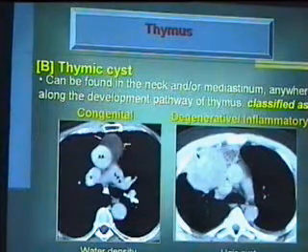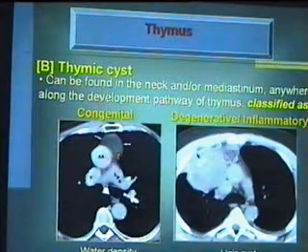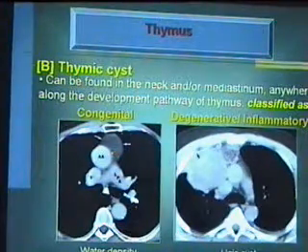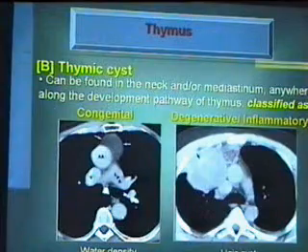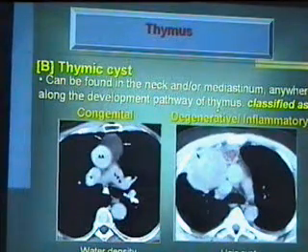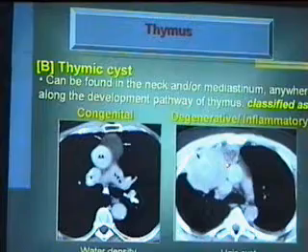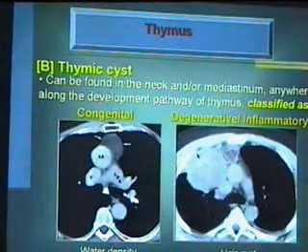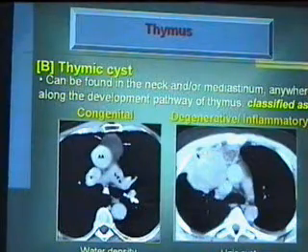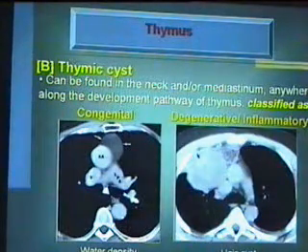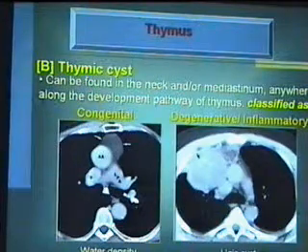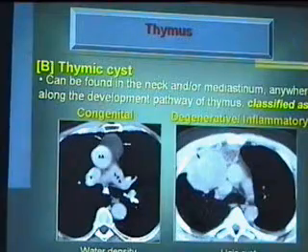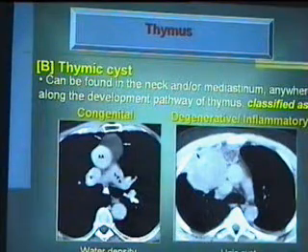Okay? It has an attenuation value of fluid. You see here the ascending aorta, the cava and the left main bronchus, and it is just behind the sternum, sitting on the ascending aorta. Or it has a soft tissue density that may harbor points of hemorrhage, points of calcification, or whatever. It may even make me say this doesn't look like a cyst, because sometimes when the fluid content is not clear fluid, it is proteinaceous fluid or there are hemorrhages, the attenuation value becomes a bit higher.